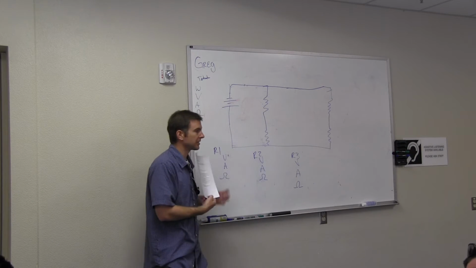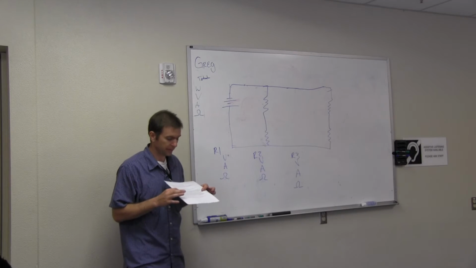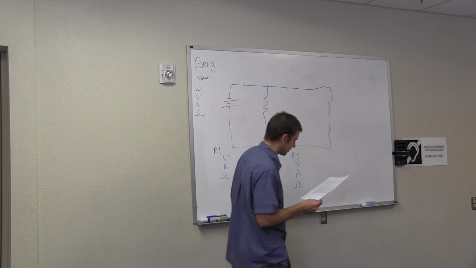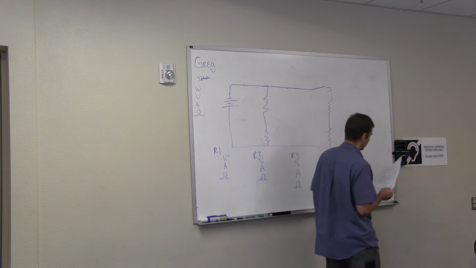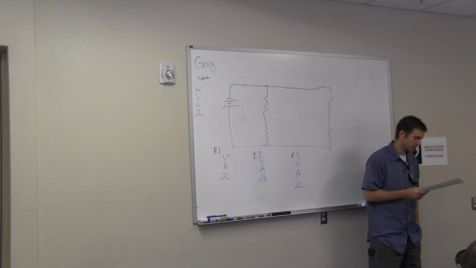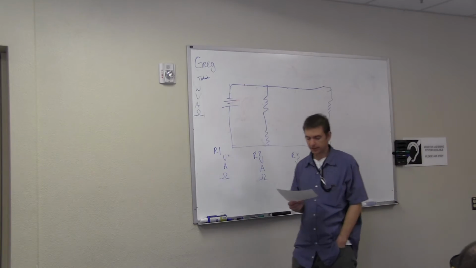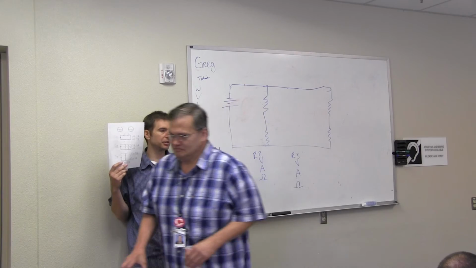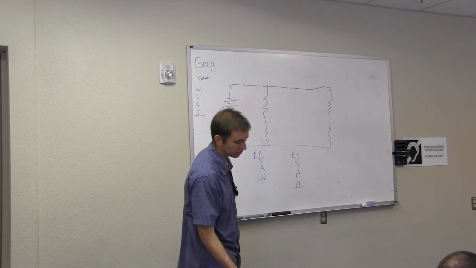Alright, so let's look at the page with the text again. Very short rules on this one. This is the rule for series parallel circuits: a circuit that has both resistors in series and in parallel. To determine any unknown values, the circuit is simplified by breaking it into series or parallel circuits or parts.